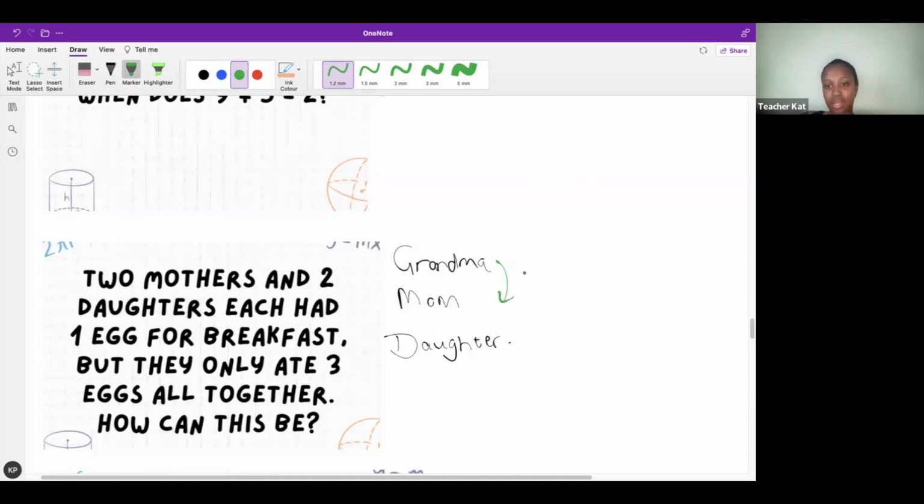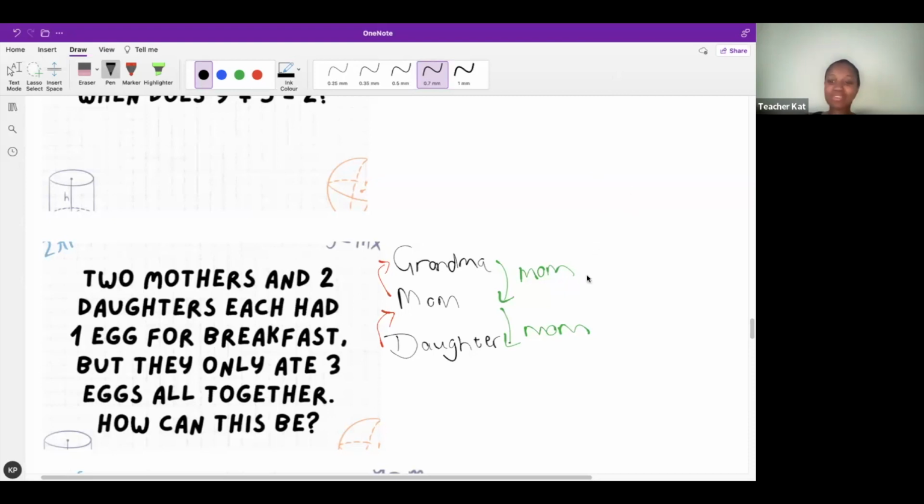Grandma is the mother to mom. Do you see that? And mom is also their mom here. So that's 2 mothers, right? And 2 daughters. This one is this one's daughter, and mom is grandmother's daughter. But they're only actually 3 people. You see?